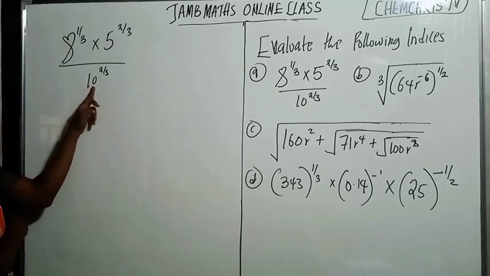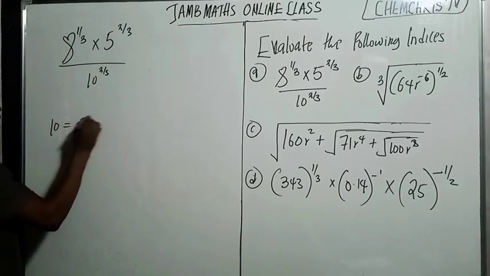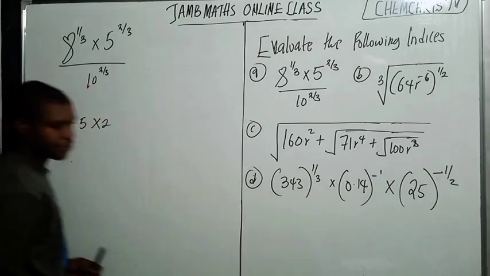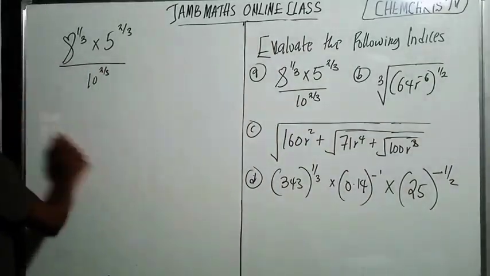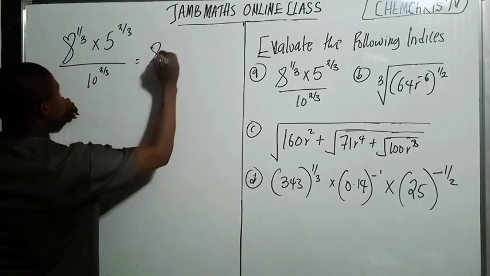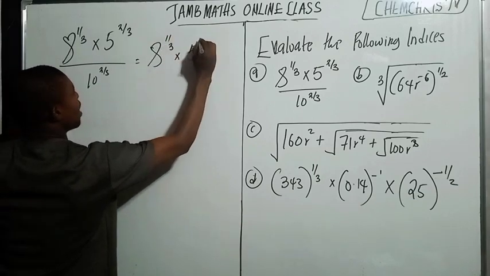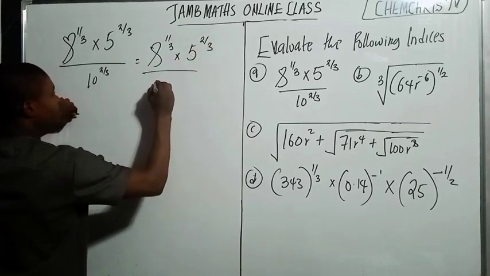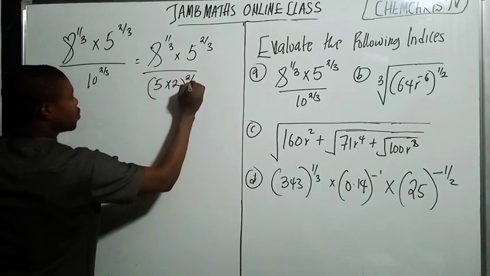If you check, 10 is equal to 5 times 2, right? So let me break this down. I'm going to have 8 raised to 1 over 3 times 5 raised to 2 over 3, over 5 times 2 raised to 2 over 3.